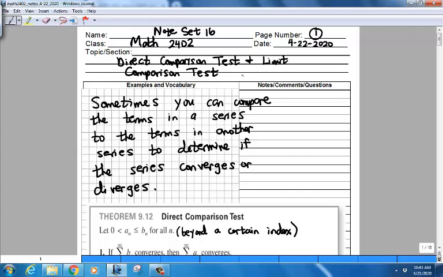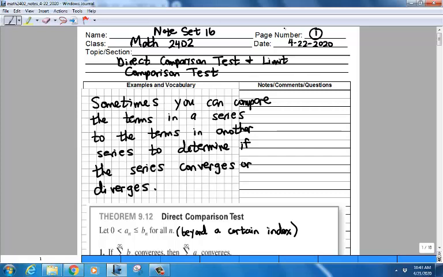We have seen two or three situations where we can determine if a series converges or diverges. We have the term limit test, and then we have the integral test. We also know if we're dealing with a geometric series whether it converges or not.